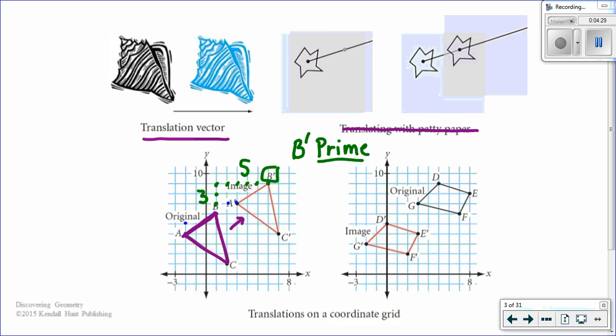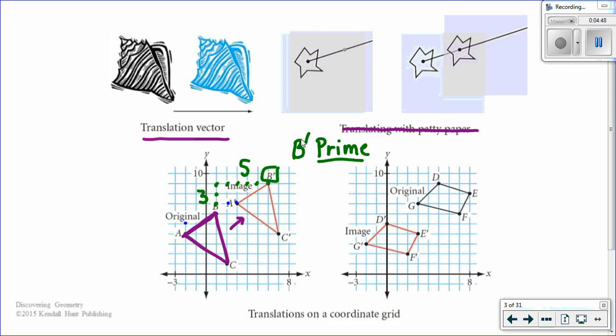All right, so same thing over here. I take one point. Let's take E, and we go up 1, 2, 3, 4, and over 1, 2, 3, 4, 5. So up 4 and right 5. Oh, you know what? I did that the wrong way, didn't I? I started with my new image and went to my original.